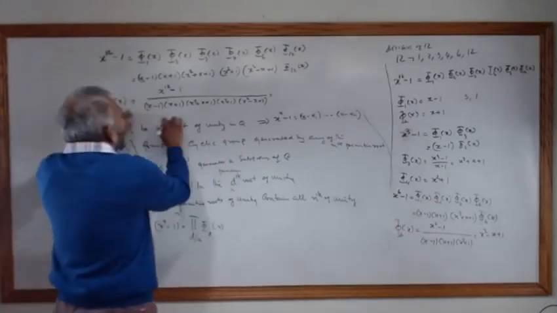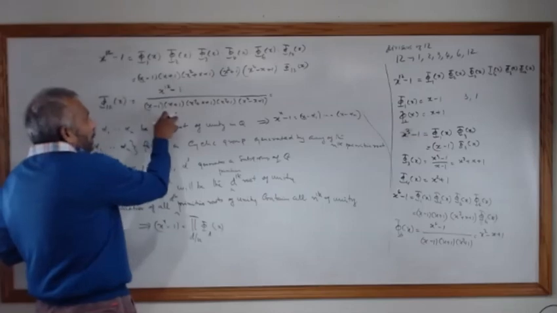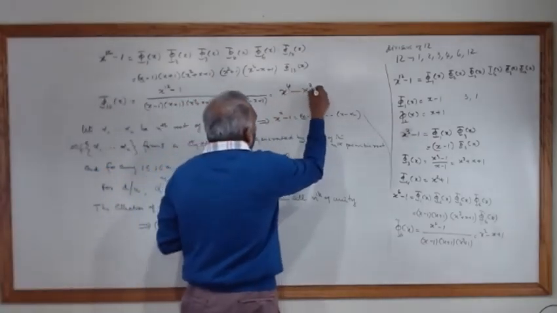I am not going to compute this one. This is an elementary polynomial division. The answer will be x to the power of 4 minus x square plus 1.